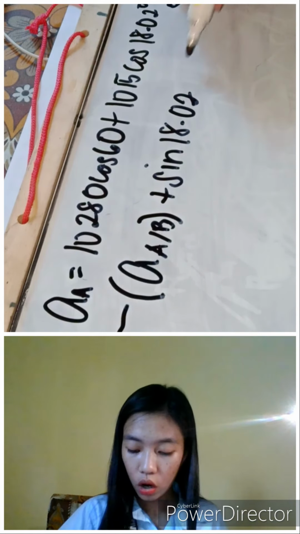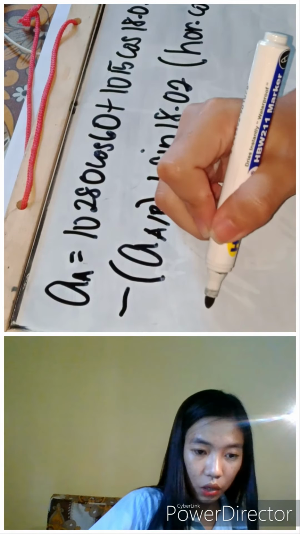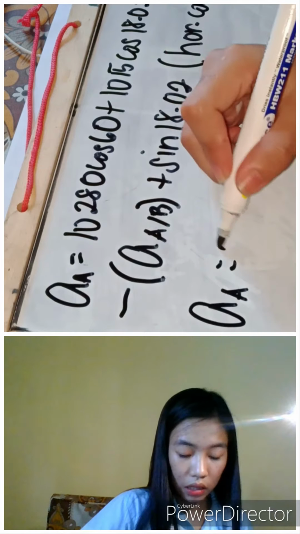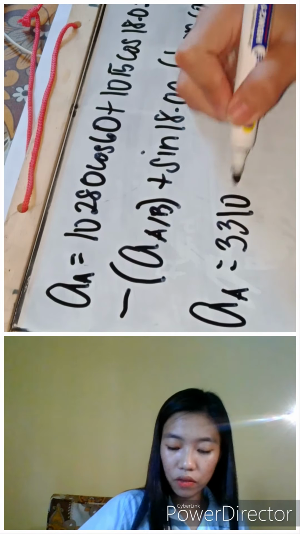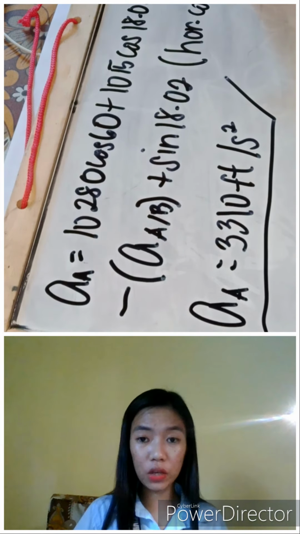This is for the horizontal components. So, we have the value of acceleration of point A equal to 3,310 feet per second squared. So, here is its value.